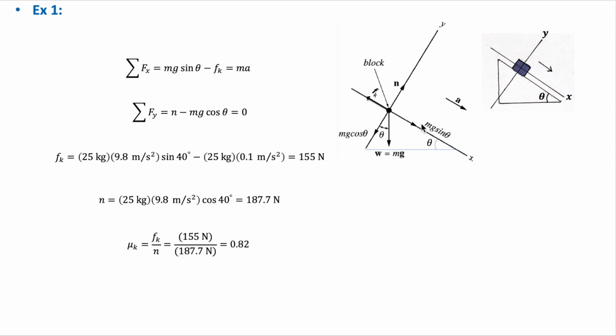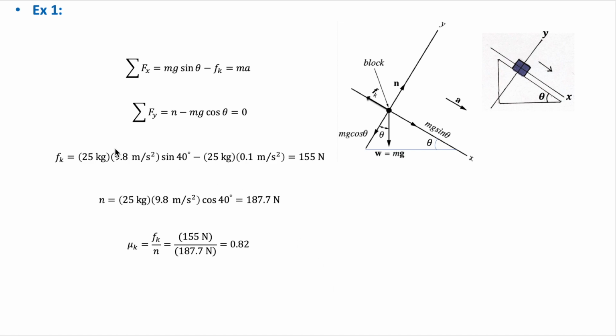And so mg sine theta here, because the component of the weight along the x-axis is equal to mg sine theta, okay? Minus fk is equal to ma. And N minus mg cosine theta is equal to 0 because there is no acceleration along the y-axis.